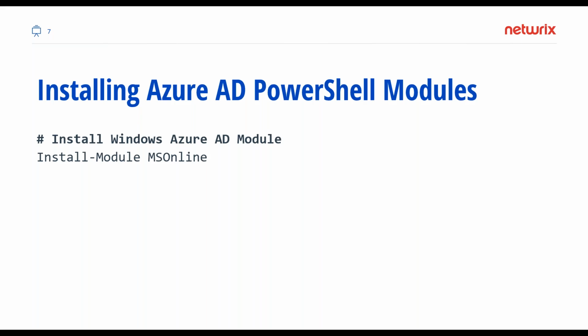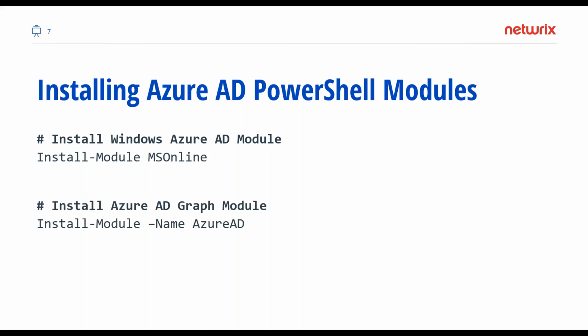Now, I prefer to use the ISE window just because it's more of a richer interface than just a standard command line. So we're going to execute Install-Module MSOnline, and this will give you the Microsoft Online Azure AD connection, and it also communicates across with Office 365.